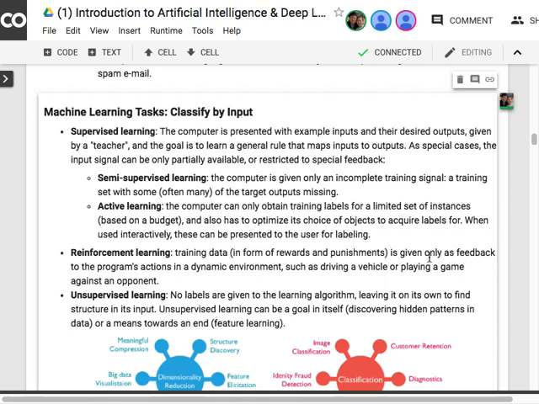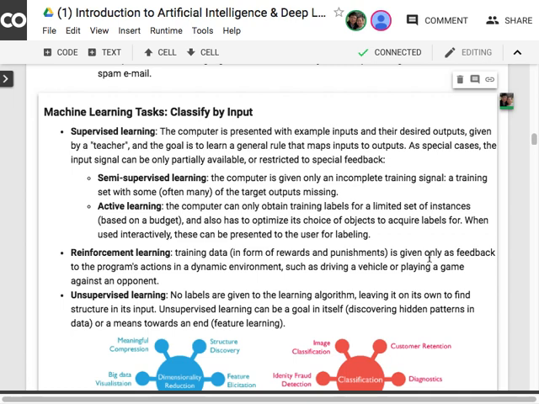Okay, and in supervised learning there are two subfields. The first one is semi-supervised learning, where we provide only some part of the supervised data in the data set, so we give them an incomplete training set and let them learn from it.